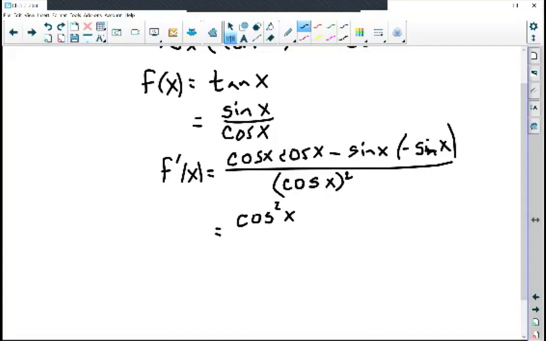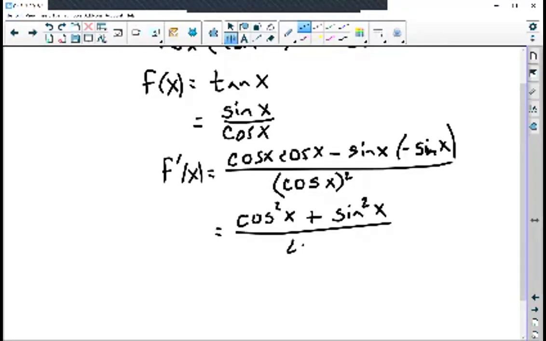And then I have a minus and a negative in here, so I can make that plus. Sine x times sine x.